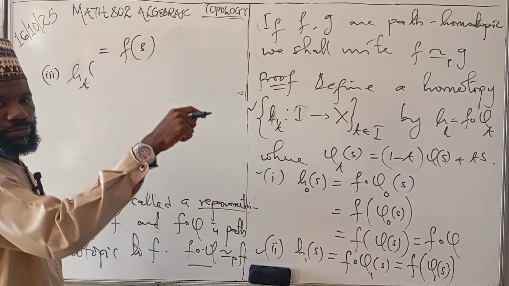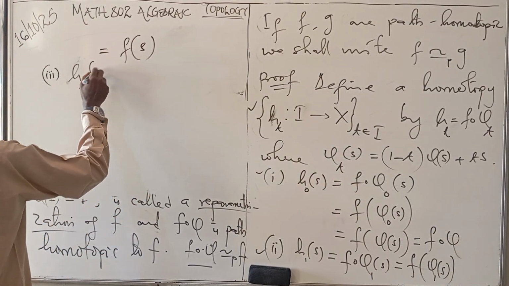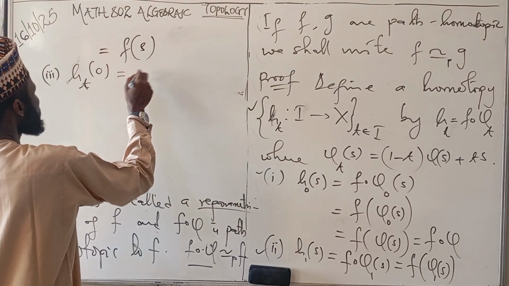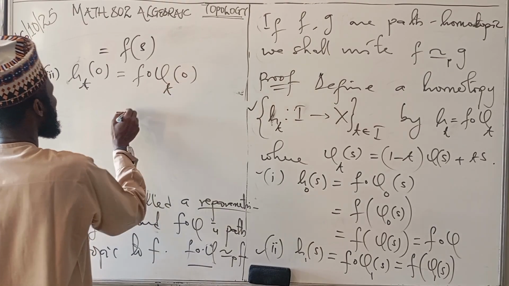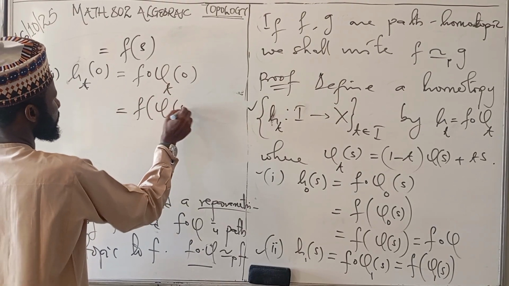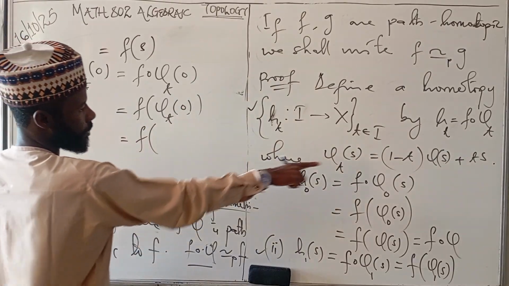So the image of 0 under the path. So this will be equal to what? F composite phi t of 0, but this would be F of phi t of 0.